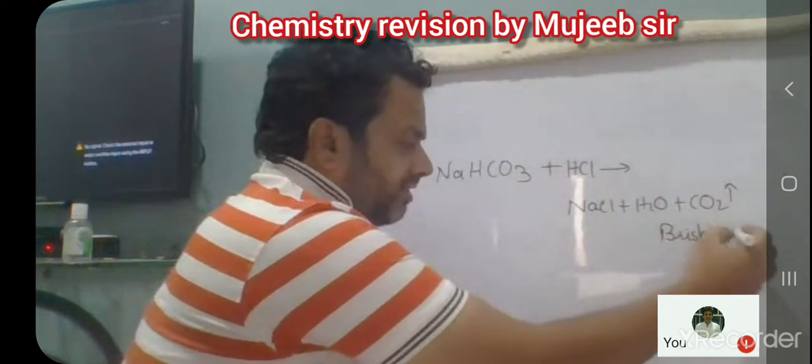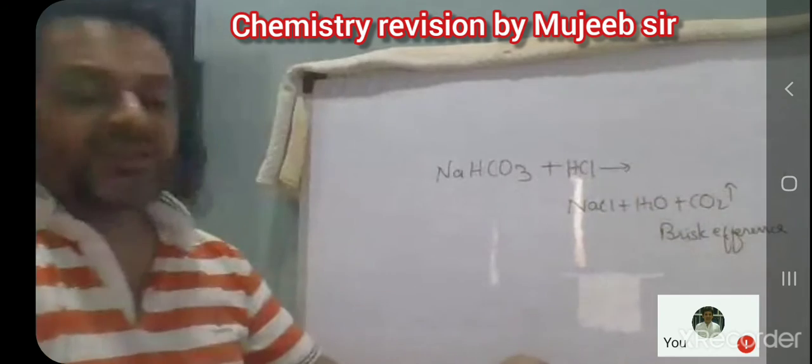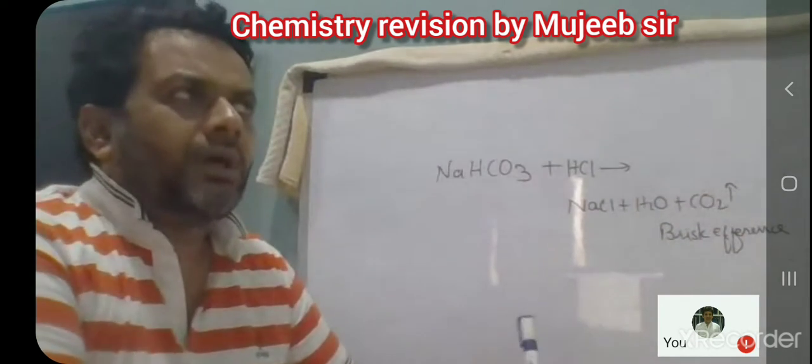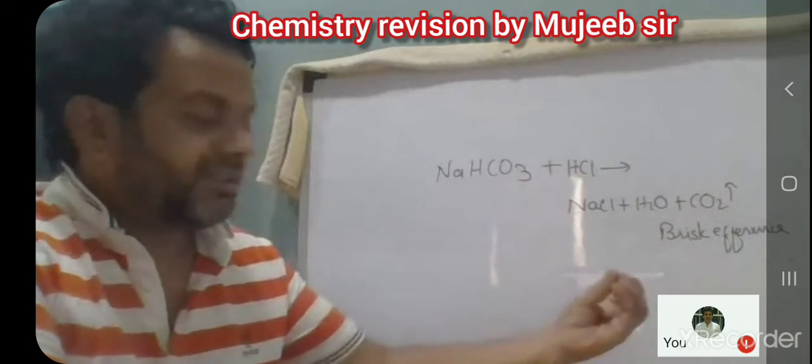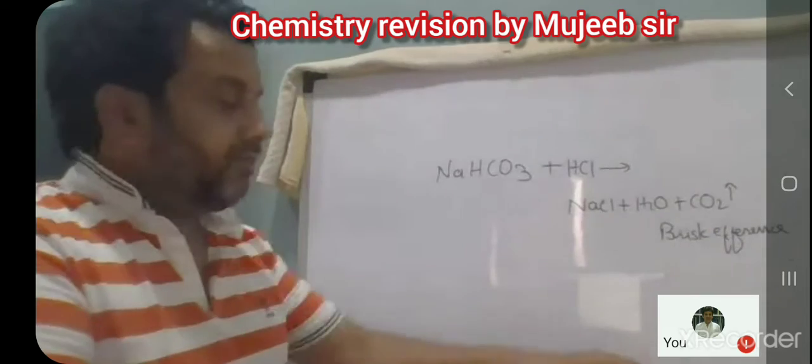You will see that a lot of bubbles are formed, the way bubbles come out of ENO, or when you open a soft drink bottle. That is the indication that carbon dioxide gas is evolved over here.